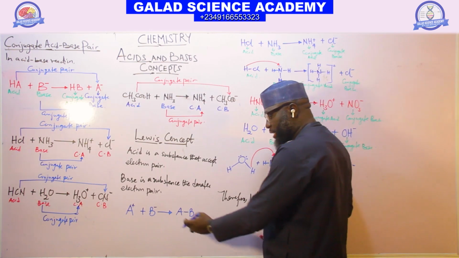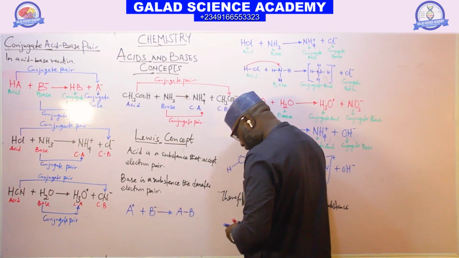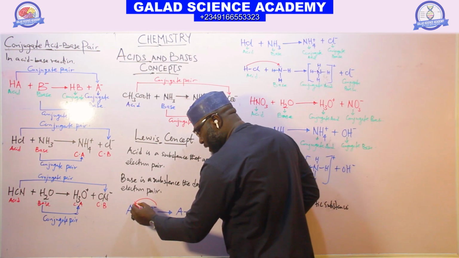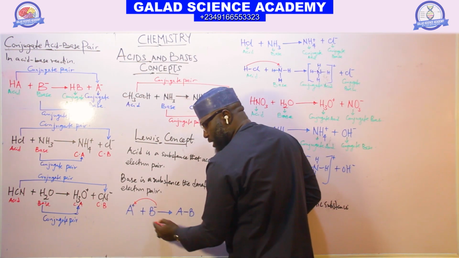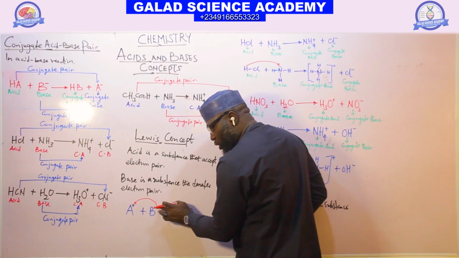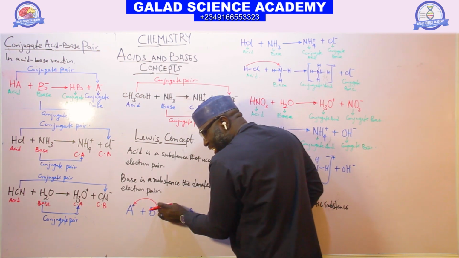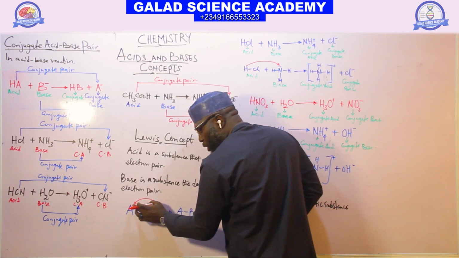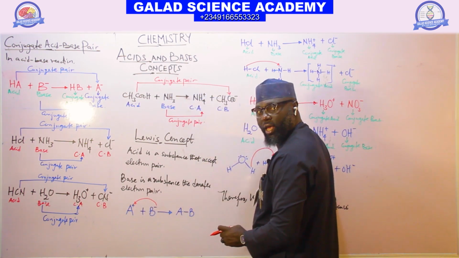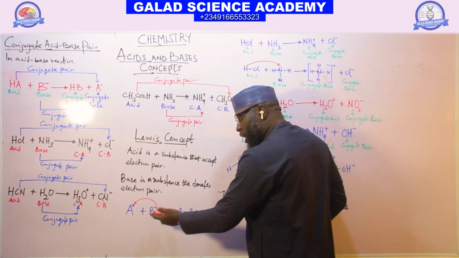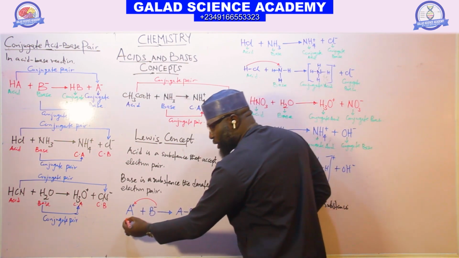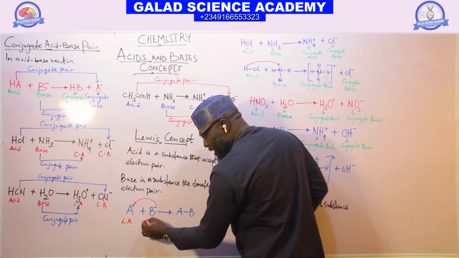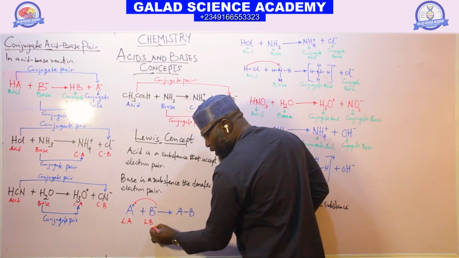And this B now tries to donate its own electron pair to A. This minus means electron pair. B donates its own electron pair to A. Therefore, this A will become Lewis acid, and this B will become Lewis base.